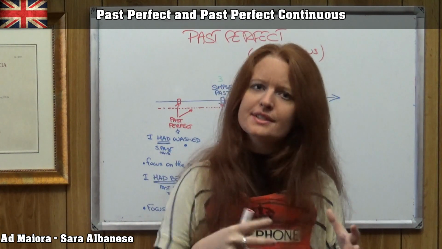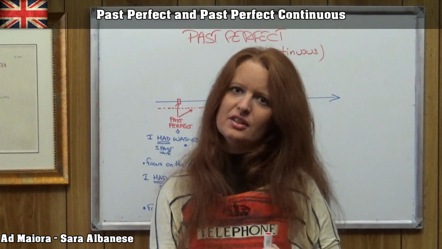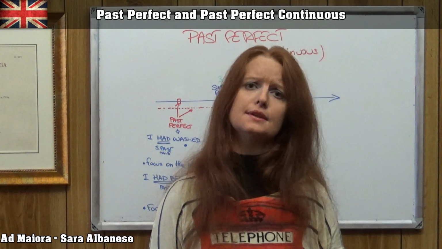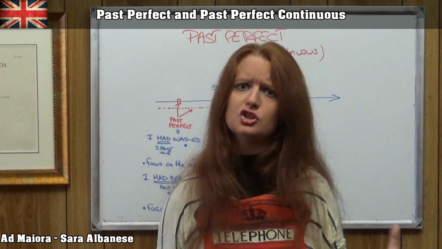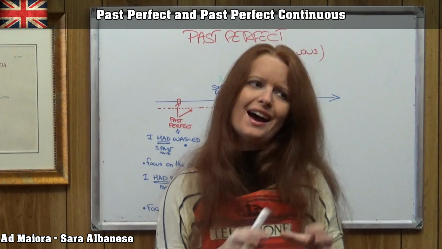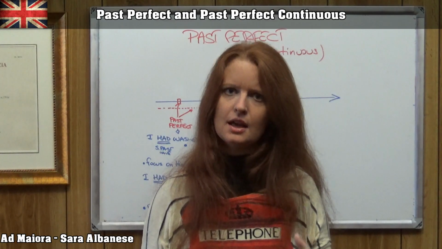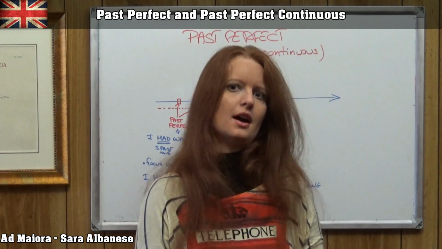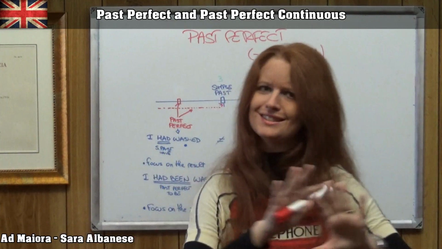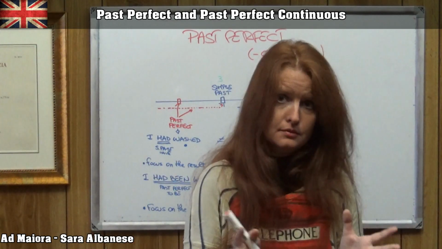I am emphasizing the action itself, and probably it's an annoying action or a tiring action in this case. Sometimes it could also be a positive action, but I am anyway emphasizing the action itself. And I don't care about the result, okay? So the action is always emphasized in that moment, okay? Same goes for the present perfect continuous. It's exactly the same meaning, okay?